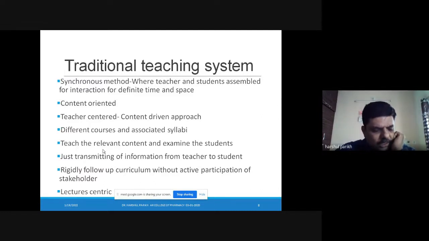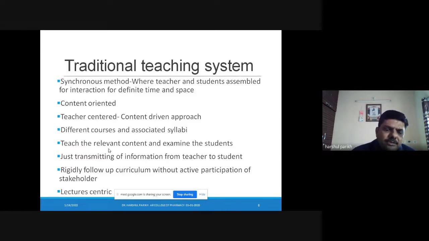The traditional teaching system is one kind of synchronous method where teacher and students assemble for interaction at a definite time and a definite space.